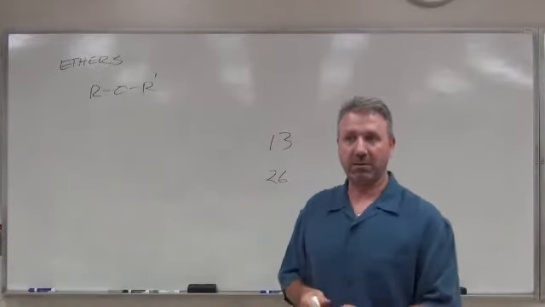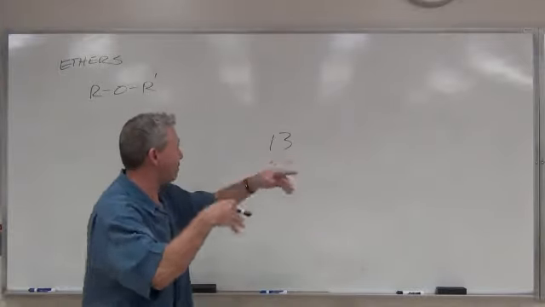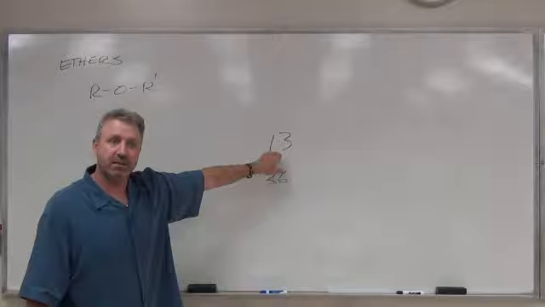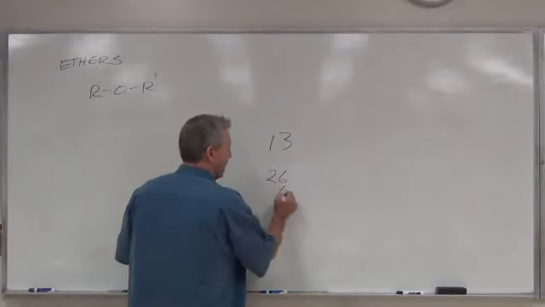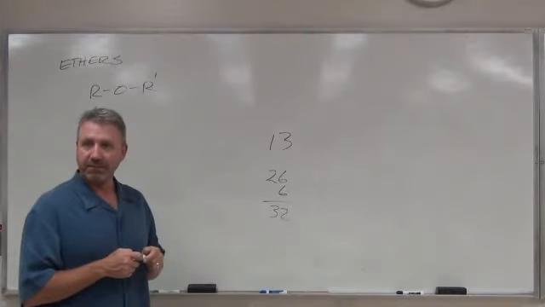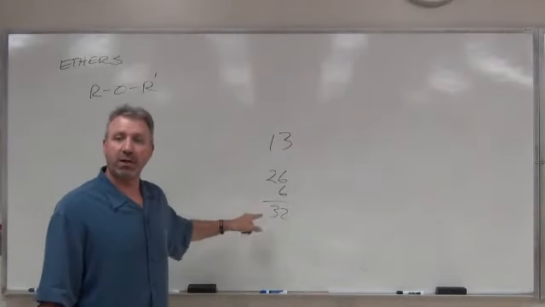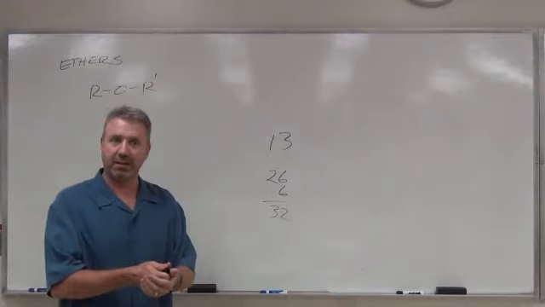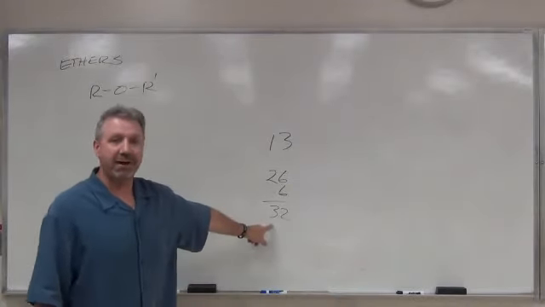CnH2n plus 2. Let's say another 6, 7. That's 32 questions out of 40 directly related to chemical nomenclature, to naming. That's over 75% of the exam.